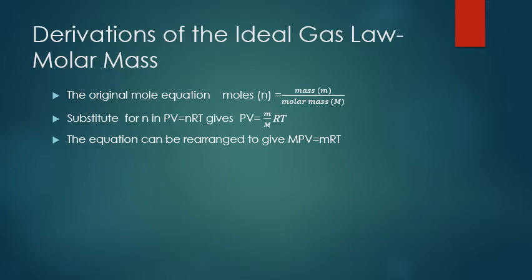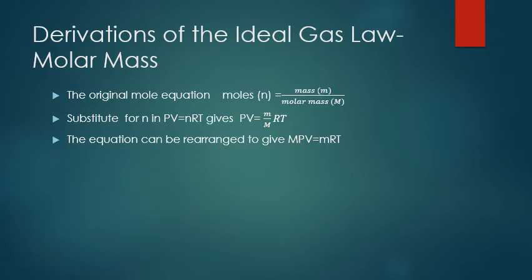As we begin this process, we're going to first look at the ideal gas law where we are involving molar mass. Anytime you have a mass or a molar mass, you are able to use this derivation. The original mole equation that we had, the number of moles equals the mass divided by the molar mass.